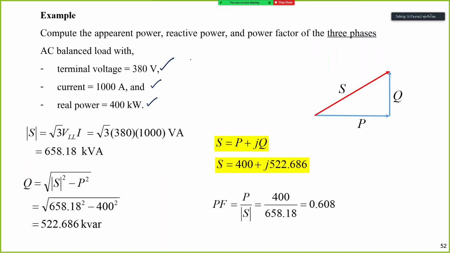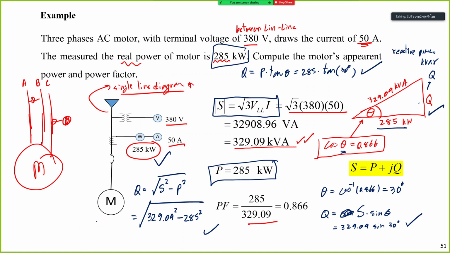And we can compute the apparent power, or complex power, of square root 3 V into I. Here we have 658.18 kVA, and we have the real power like this, and we can compute Q by this formula, or in fact we can use this relation or this relation as well. You get the same number, right? Because it's just the triangle law of the triangle.